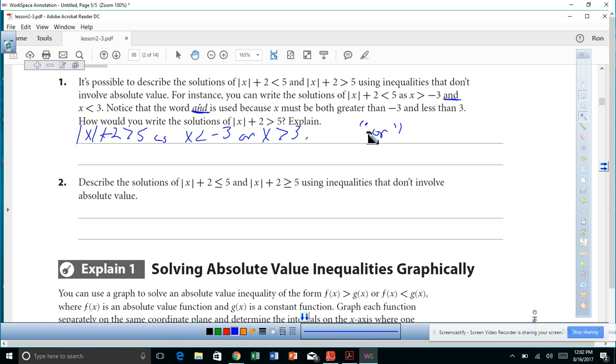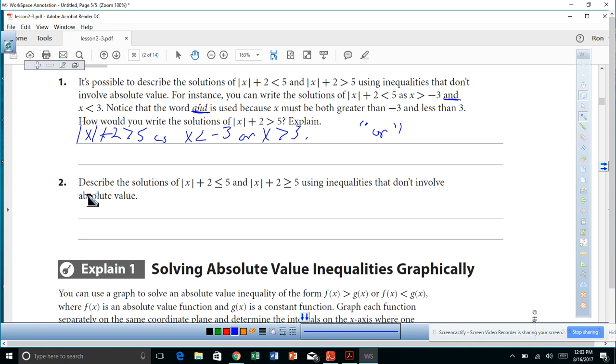Describe the solutions of the absolute value of x plus 2 is less than or equal to 5, and the absolute value of x plus 2 is greater than or equal to 5, using inequalities that don't involve absolute value.